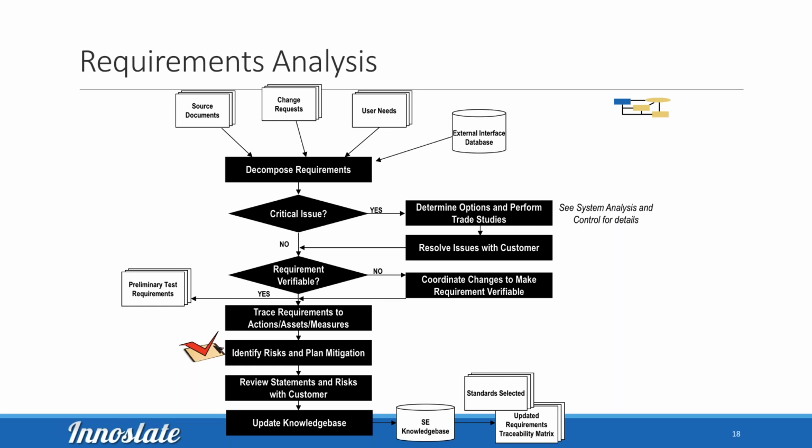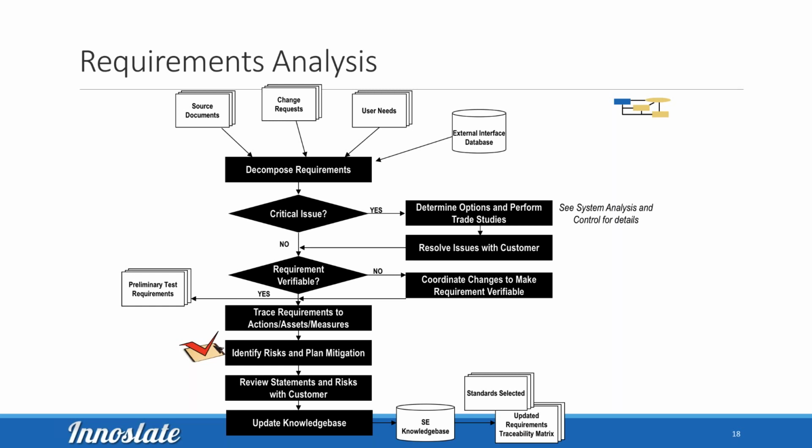But ultimately, you also want to make sure the requirement is verifiable. That's one of the primary quality attributes of a good requirement. We have a number of others we use, but that's one of the critical ones. And of course, working changes, if there are changes made, again coordinating with the customer. Ultimately, from this, we want to produce a set of preliminary test requirements that can be used as the basis for all the testing activities at the other end of the V.